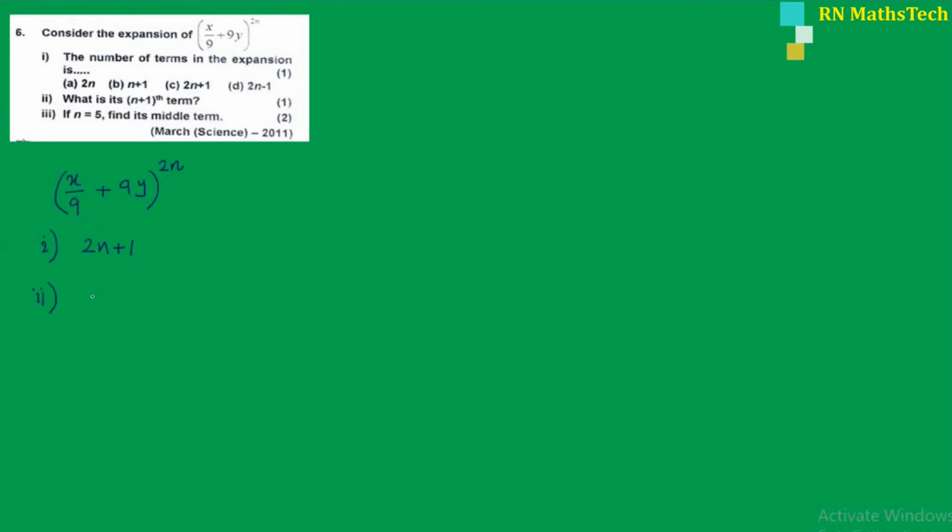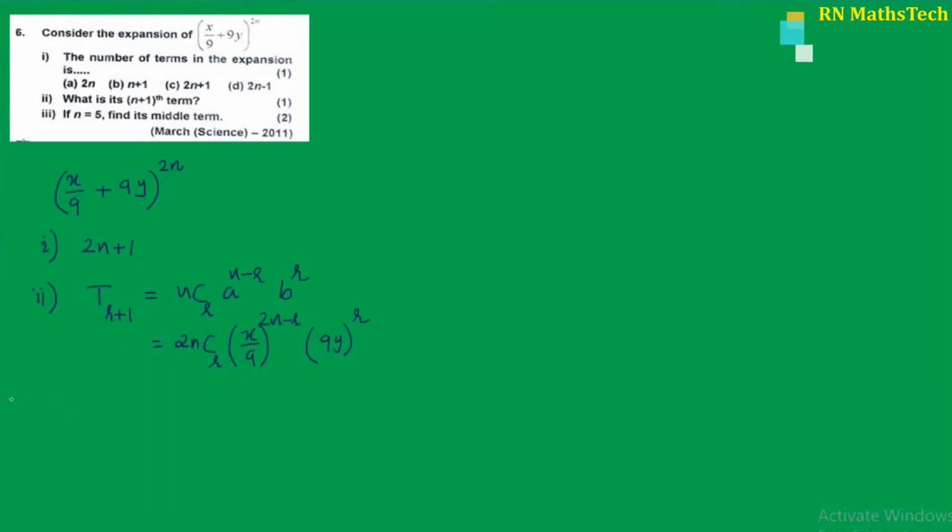(n+1)th term: you can find it by first writing the (r+1)th term. T(r+1) is nCr a^(n−r) b^r. That is the (r+1)th term, which here is 2nCr (x/9)^(2n−r) (9y)^r.